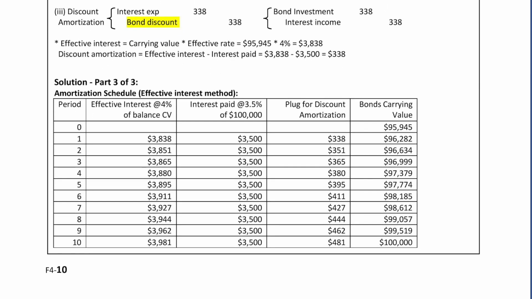So highlight effective interest, and right there write market rate, because 4% is the semi-annual interest rate at an 8% market rate. Next column, highlight interest paid, that's the rate of interest printed on the bond. So write stated rate. And this helps us calculate, highlight, discount amortization.